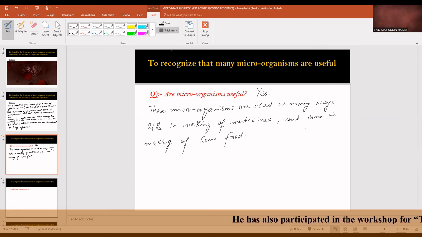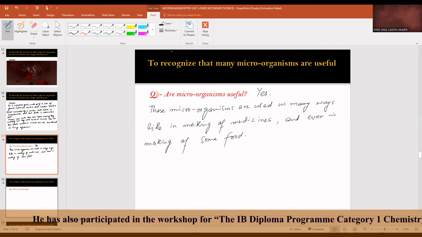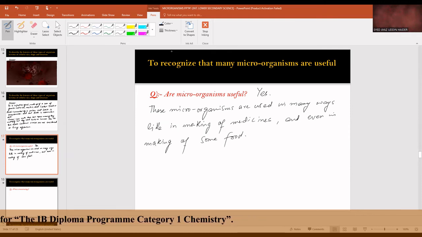What is biotechnology? Biotechnology is the use of microorganisms or biological substances in manufacturing or industrial processes.